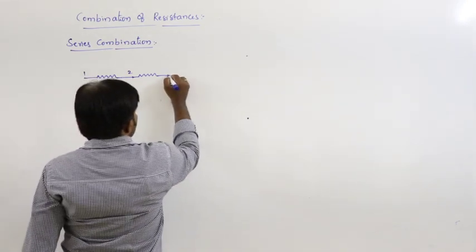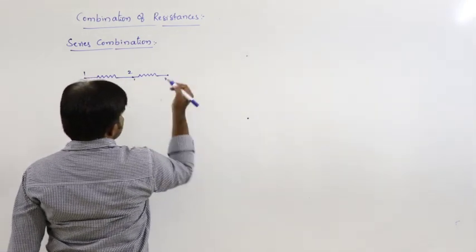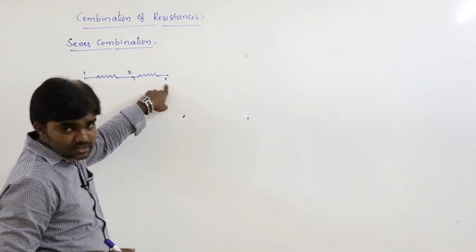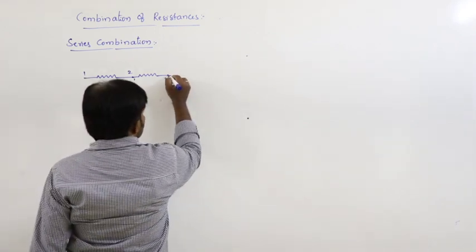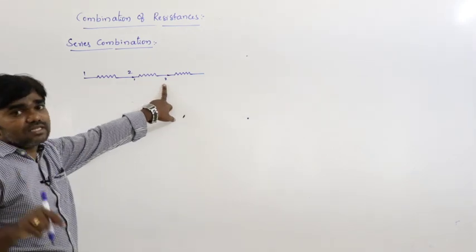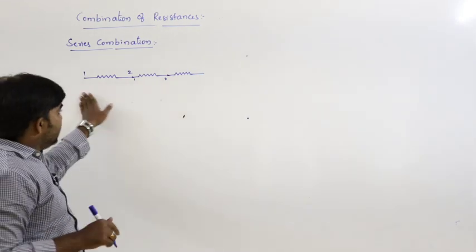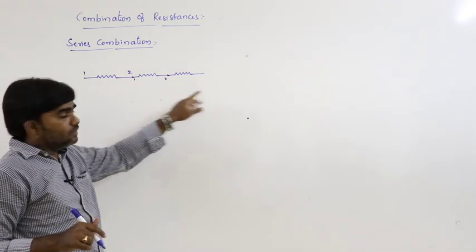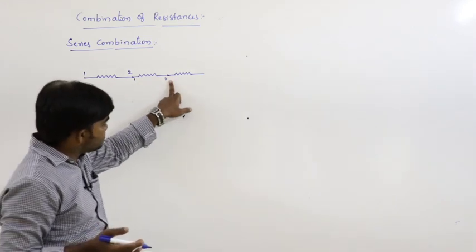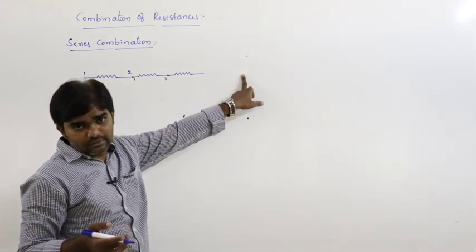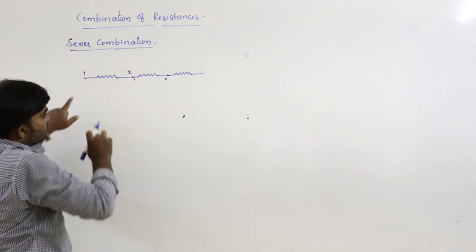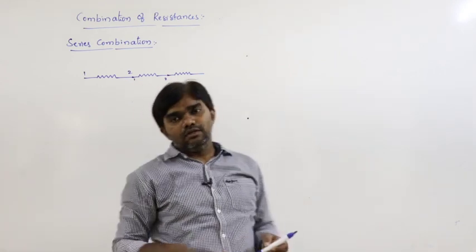Next, this is the first and second one. For the second resistance, this is the first terminal, this is the second terminal. If you want to connect a third one, the third resistance must start from the second terminal of the second one, like this, end to end connection. So the third one starts from the second, the fourth one starts from the second, like that. All the resistors are connected in series like this.